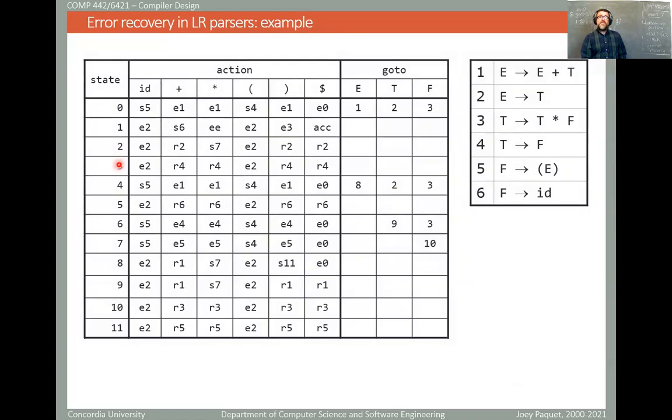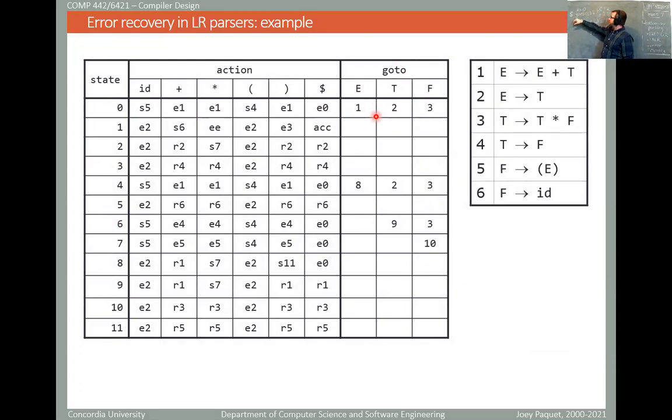Now, in state 0, under the go-to table, for E, T, F, we have 1, 2, 3. This is where we're going to start using what I have on the board here. For state 0, I eventually want to compute the T set. First, the T set depends on the S set. What is the S set?